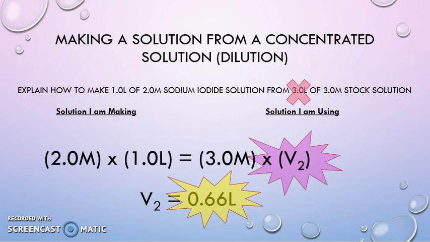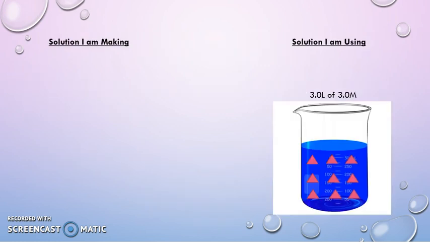Just like before when we were making the solution from a solid, this is a nice number to have, but this problem very clearly asks me to go forward and explain how to make this solution. So I'm going to do this twice. Once very specifically and once a little more generically. So here we go. We have just a beaker full of strong blue solution. 3 liters, 3 molar.